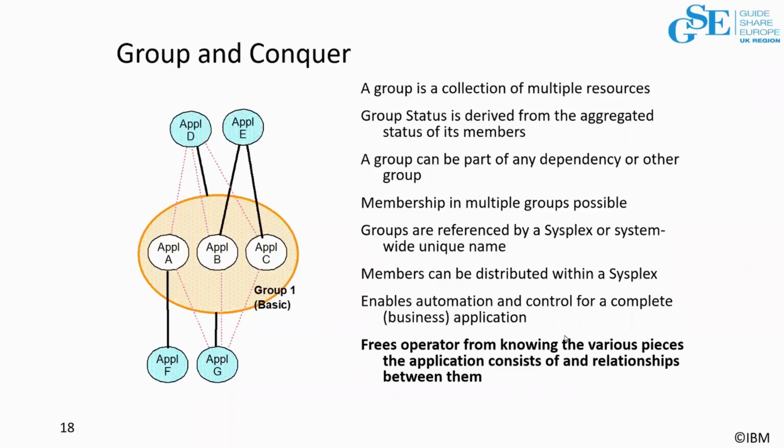Every group's got a unique name, so it can be manipulated system or Sysplex wide. And members of a group can be distributed across an entire Sysplex. And I've mentioned before, the whole point of this is to free the operator from knowing how the various resources interact with each other and the relationships between them.